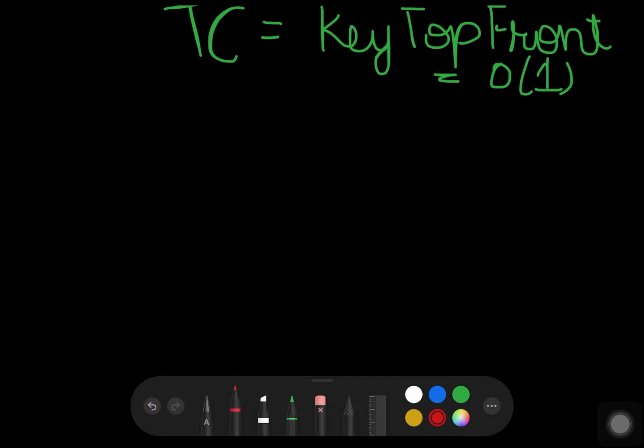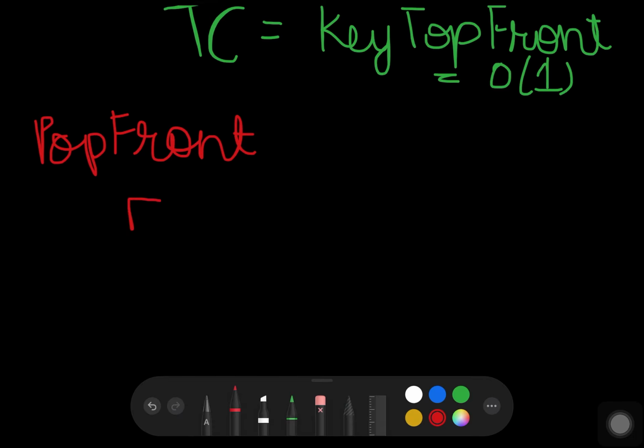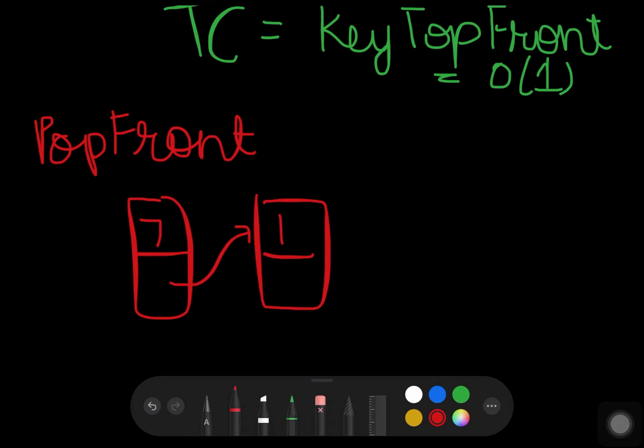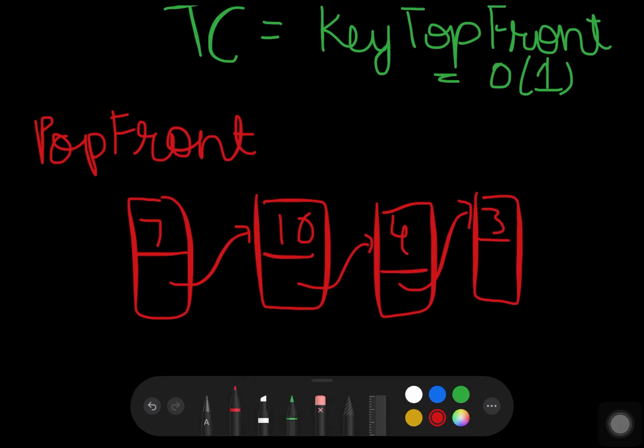Now let us consider the third function, that is pop front. That is, we need to remove the first element of the linked list. So here the linked list is as follows: 7, 10, 4 and 3, and the head is pointing to 7.